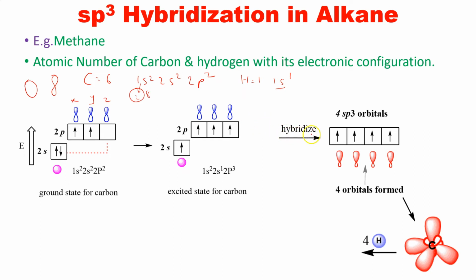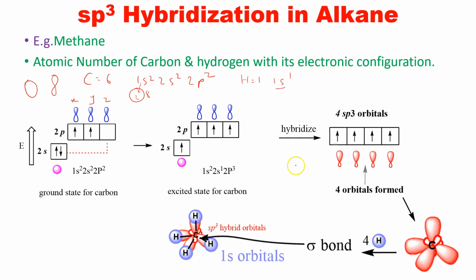So these four hybrid orbitals of the carbon atom will mix with hydrogen and form a new bond. You can see there is a formation of a sigma bond between each carbon and hydrogen atom. And this 1s orbital of hydrogen donates an electron in this shell, and it forms the methane molecule.